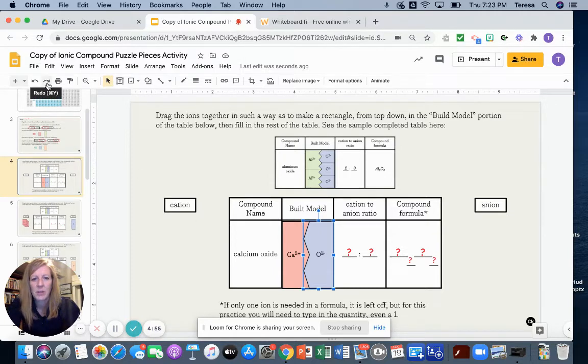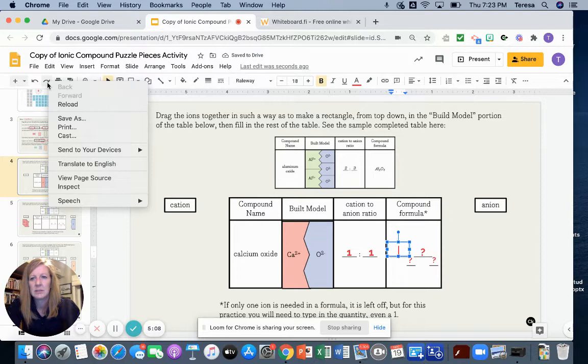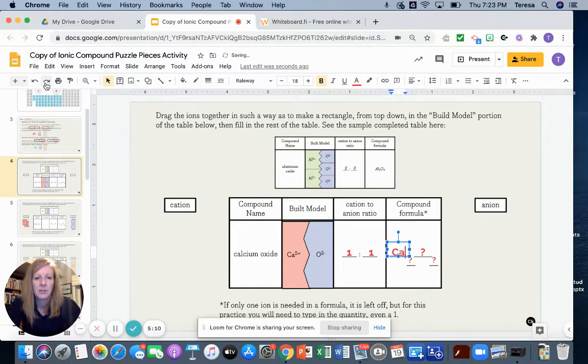That neutral compound, when I look at the ratio of cations to anions, I have 1 calcium ion to 1 oxygen ion. And the formula then is going to be Ca, and the other atom is oxygen.